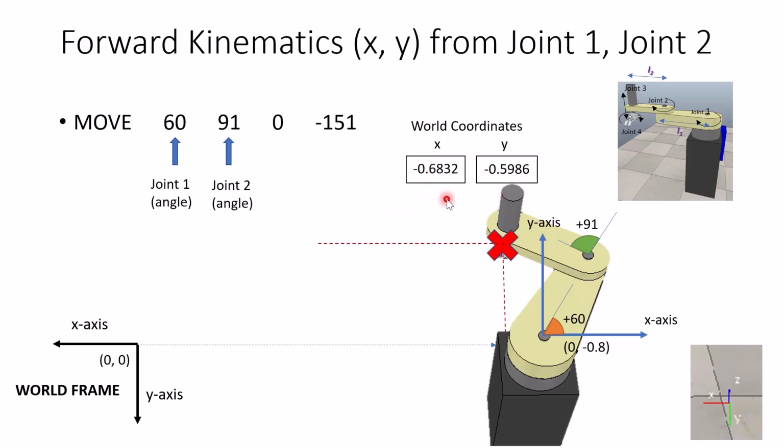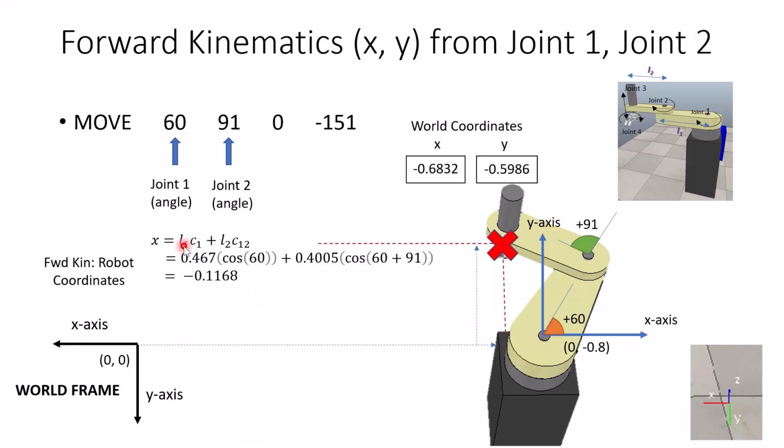So these coordinates can actually be obtained from the forward kinematics, that is from the robot coordinates. So look at x. This is minus 0.6832 from the world frame. But actually, from the robot frame, it is just minus 0.1168.